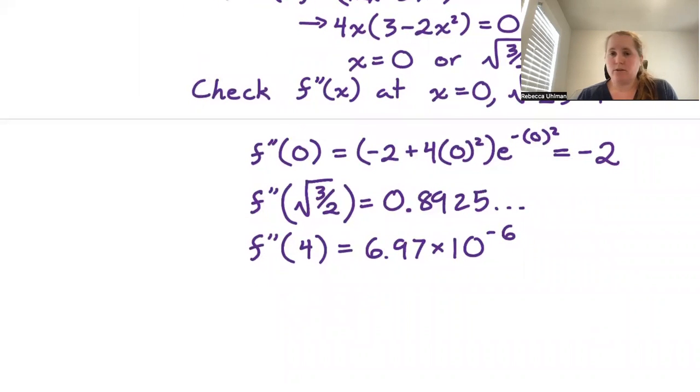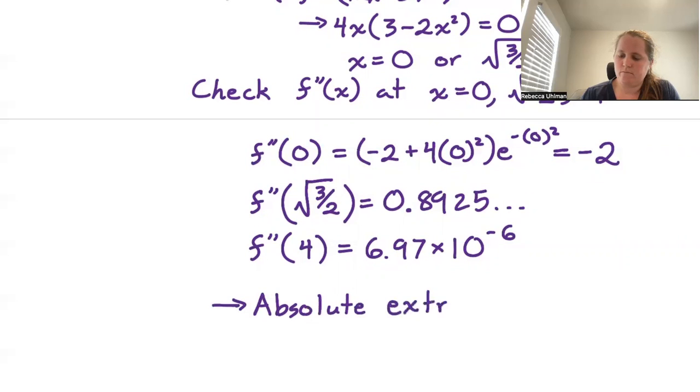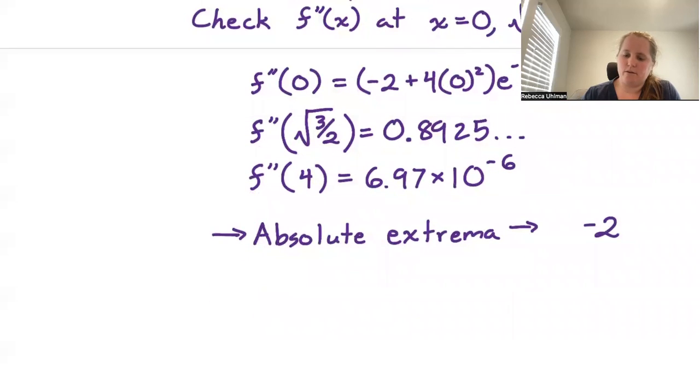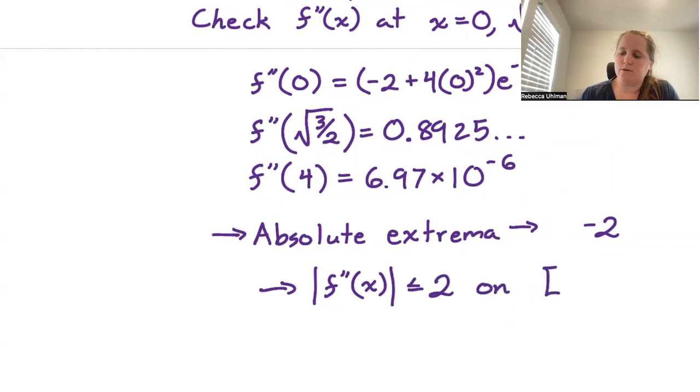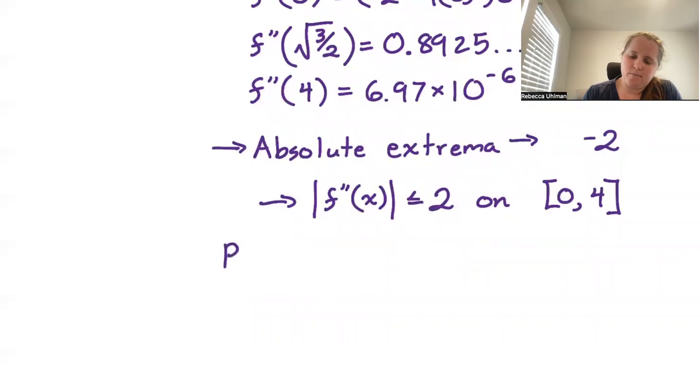So our absolute extrema would be that negative 2. And so the absolute value of the second derivative of f is bounded by 2 on the closed interval [0, 4]. So we'll pick M equal to 2.